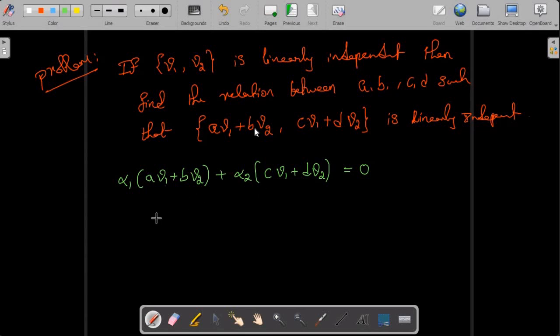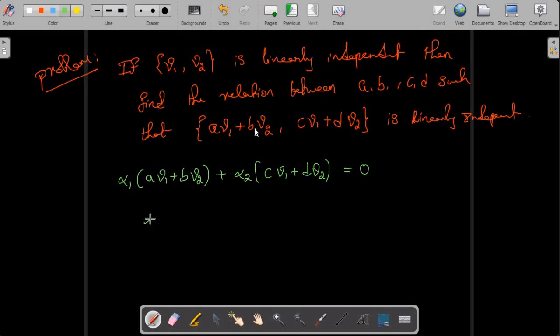So let me do one thing. Let me rewrite it like this. To be very specific, let me tell you what are the vector space properties we are using in each step.